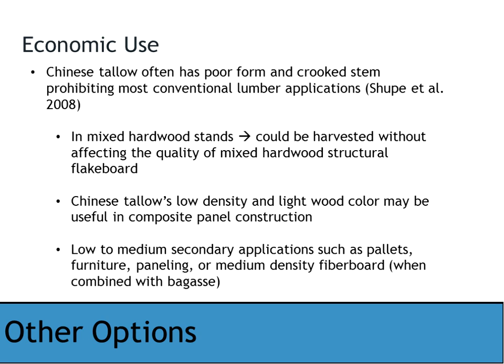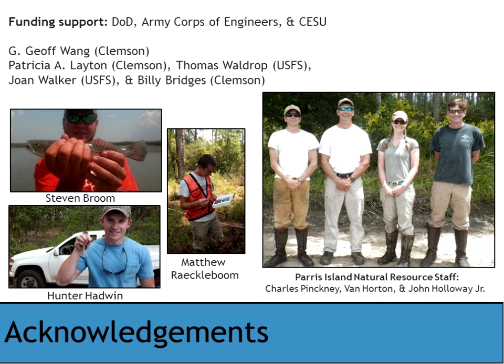And it has low density and light wood color, so it could be used in composite panel construction. So it could be used for things such as pallets, furniture, paneling, or medium density fiberboard. So there are some economic uses out there, but they are very limited.